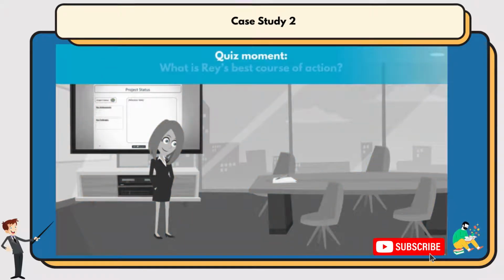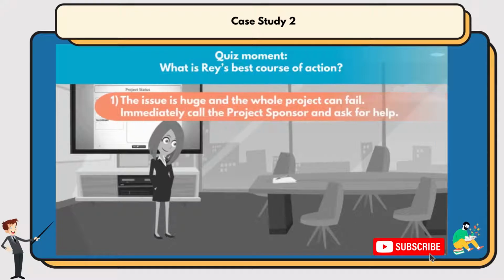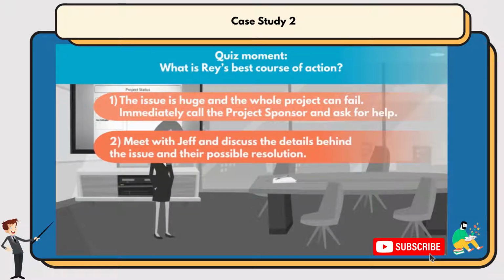Quiz moment. What is Ray's best course of action? 1. The issue is huge and the whole project can fail. Immediately write an email to the sponsor explaining there is a high chance the project will be delayed. Suggest that new people should be recruited in manufacturing. 2. Meet with Jeff and discuss the details behind the issue and their possible resolution.